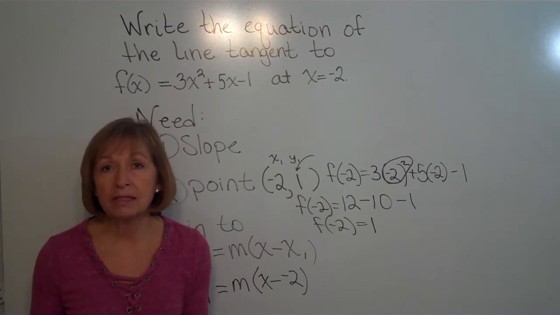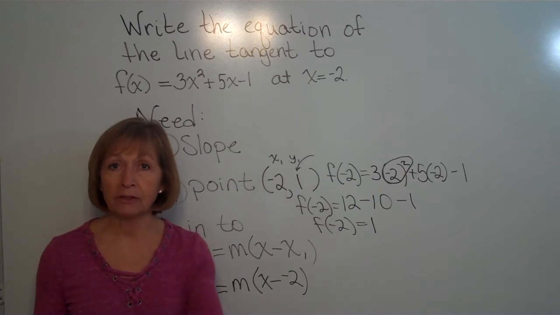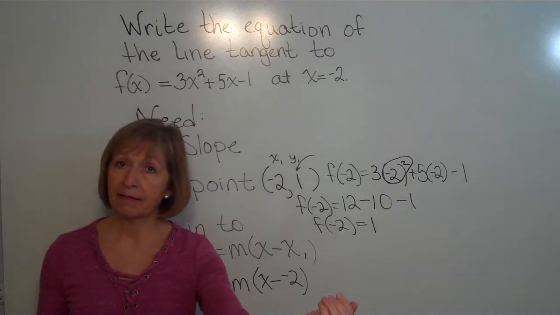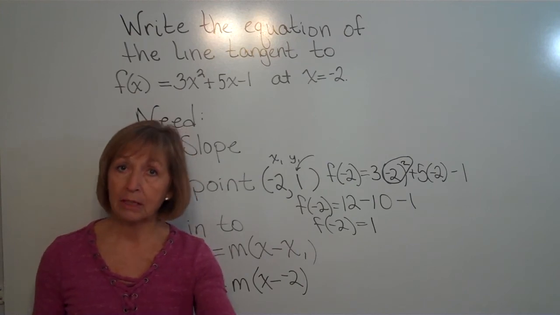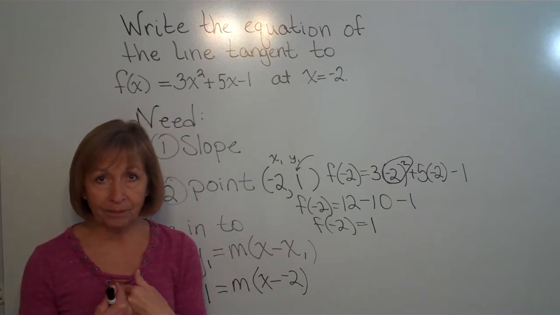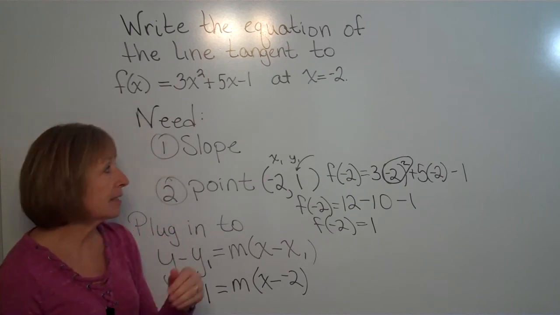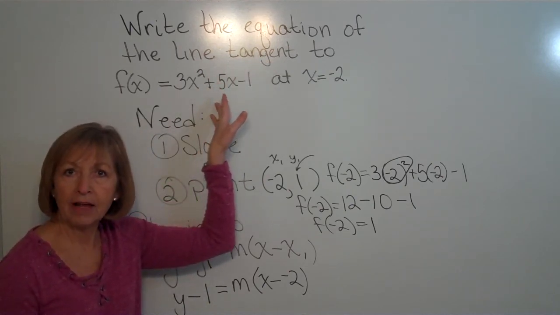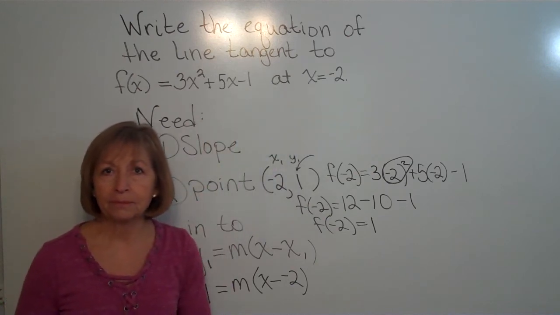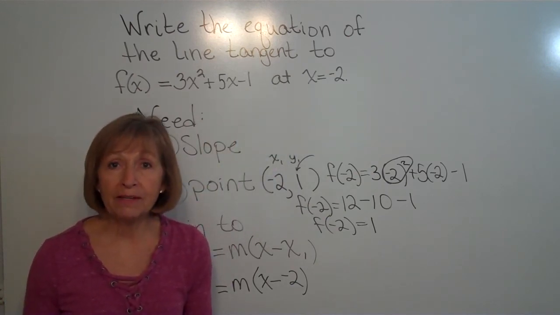Or maybe they told us that our line is perpendicular to another line. So we would find that line's slope, take the opposite sign and reciprocal, and use that for our slope. But here, they're telling us that our line needs to be tangent to this curve at that x value. Well, that's what the derivative gives us.